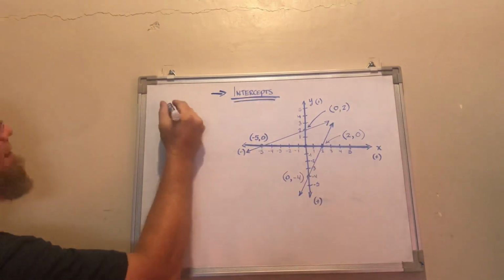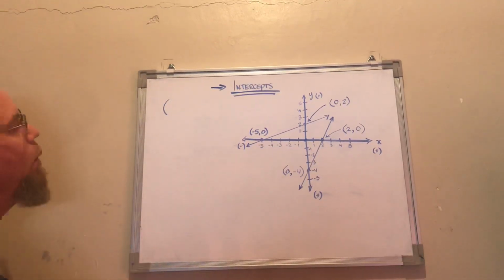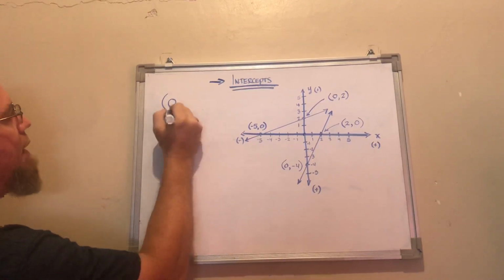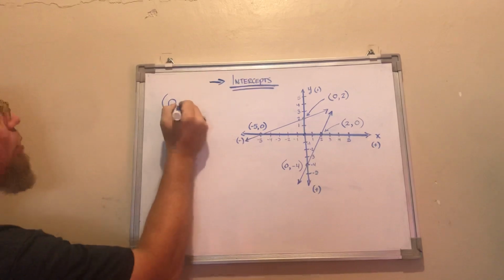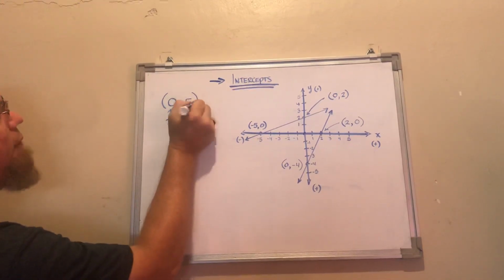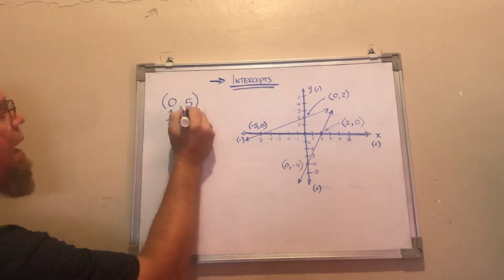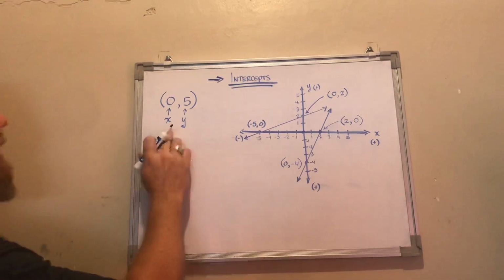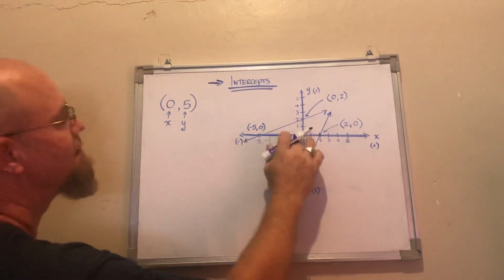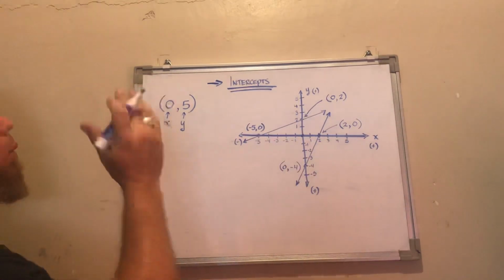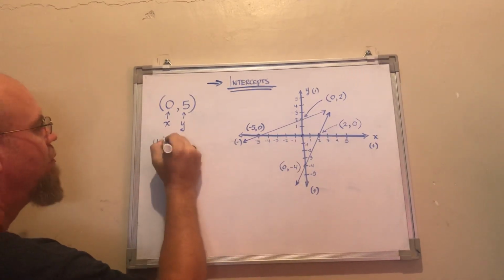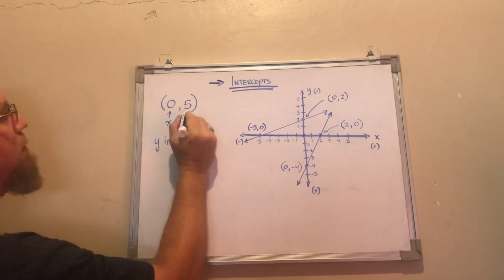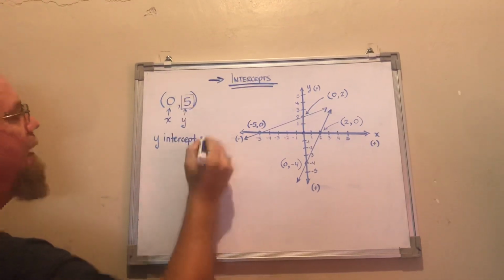Anytime there is a value of a point, so I'm going to give you a point, and if that point has x equals 0, that would be the x value of the point, and y equals 5, that is the y value, then when x is 0 and y is 5, the y-intercept is equal to 5.